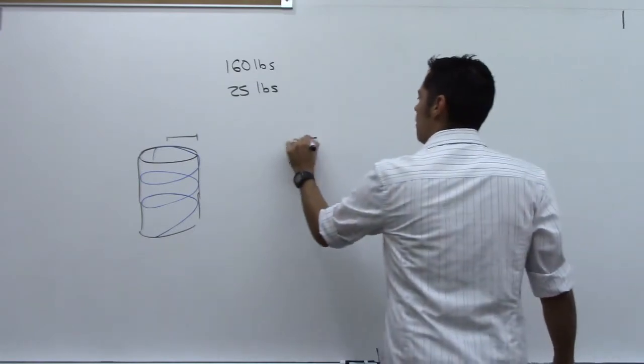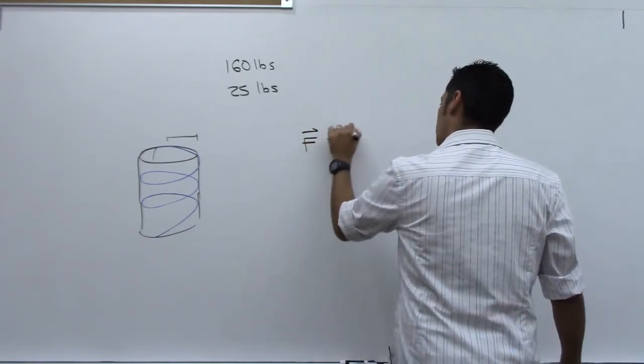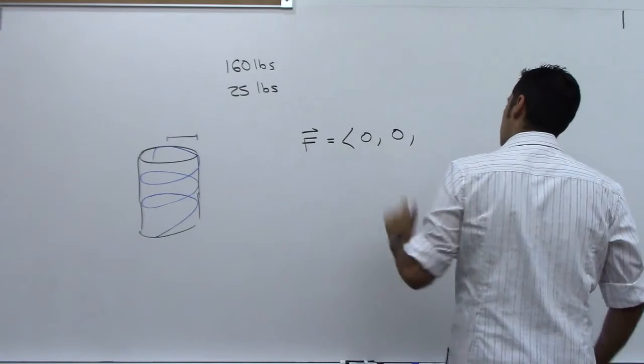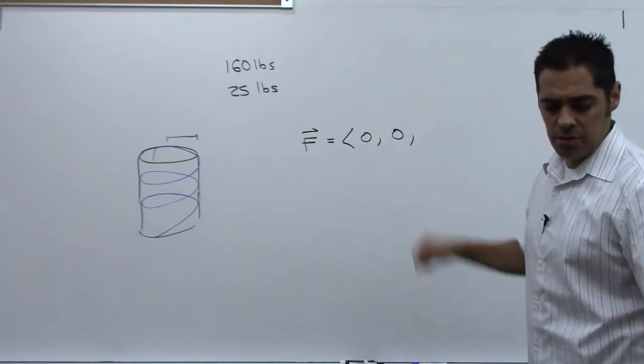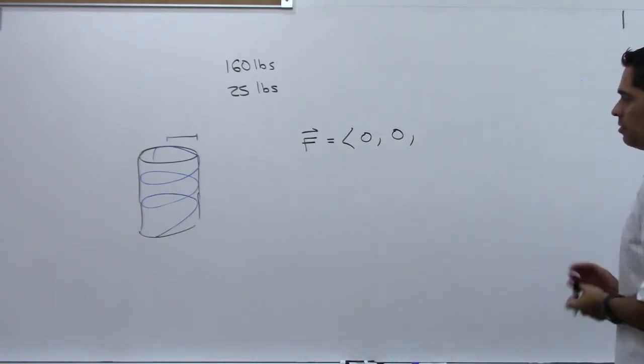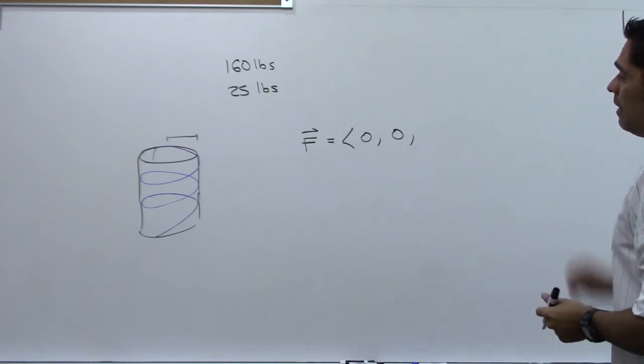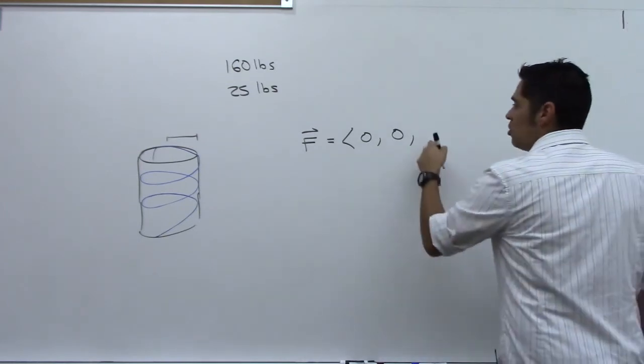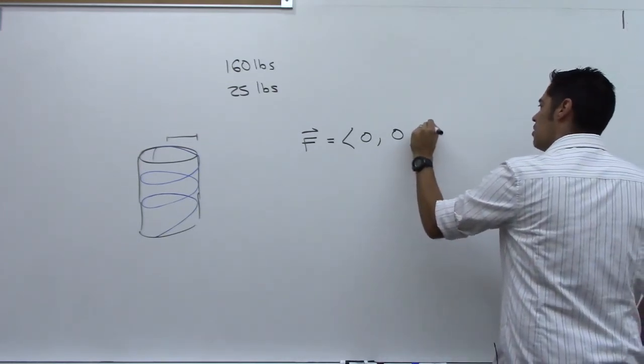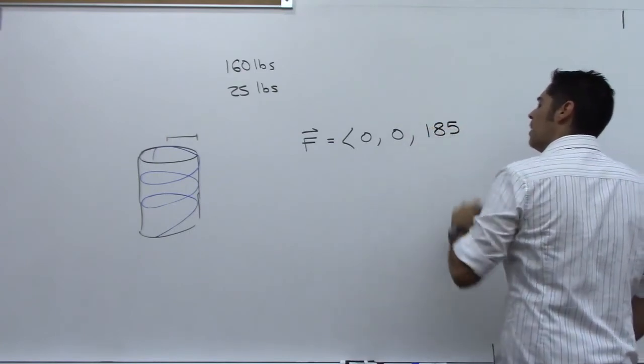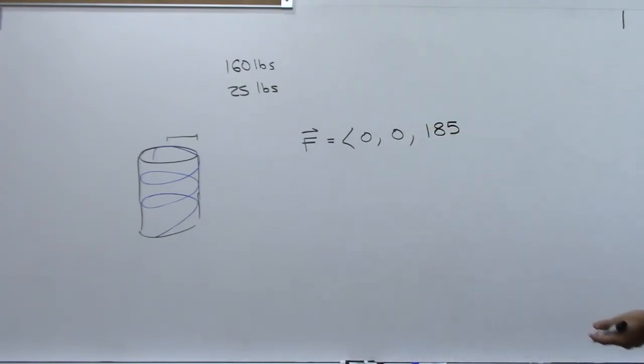So when we look at our force now, we still have 0, 0. That doesn't change, because our force is either straight down or straight up, depending on which way you want to look at it. But the force is changing in the z component. It's the original 185, but by the time he gets to the top, he needs to have lost 9 pounds of stuff.